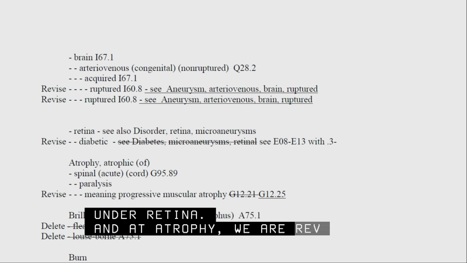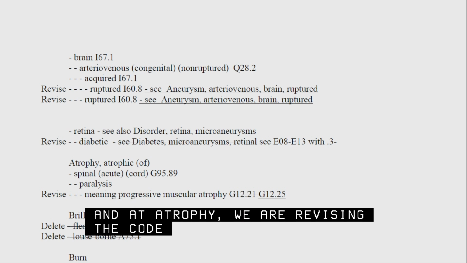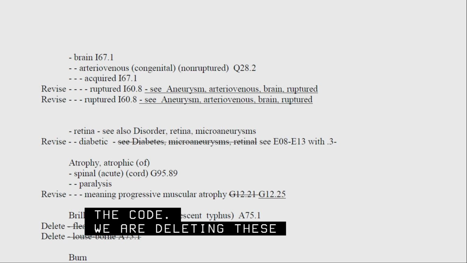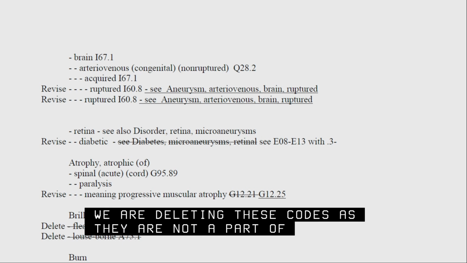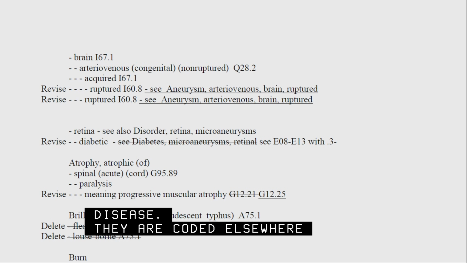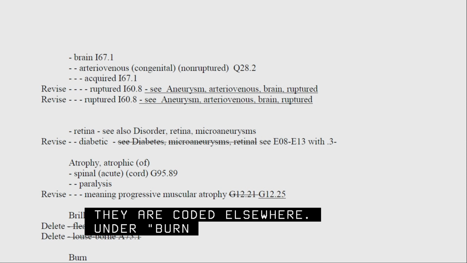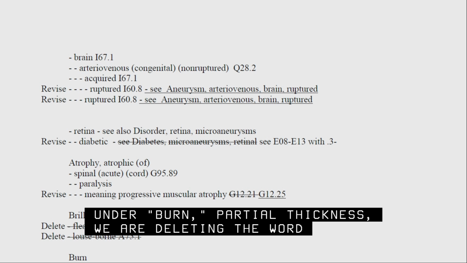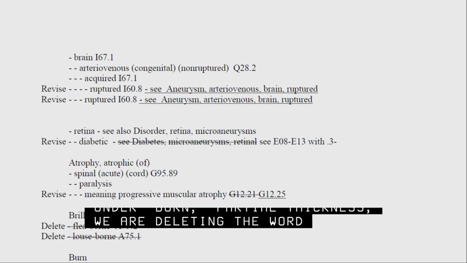Under the main term Braille, we are deleting these two codes as they are not a part of the Braille disease. They are coded elsewhere. And under burn, partial thickness, we are deleting the word unspecified, and actually we should be adding second, should be underlined, second degree by site.